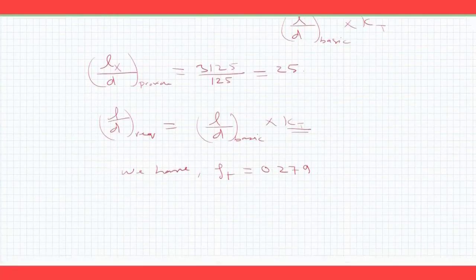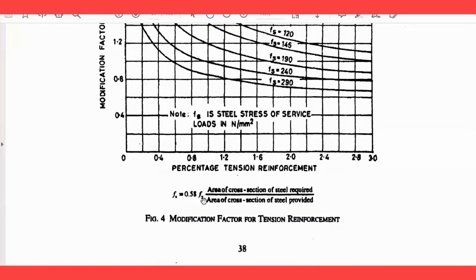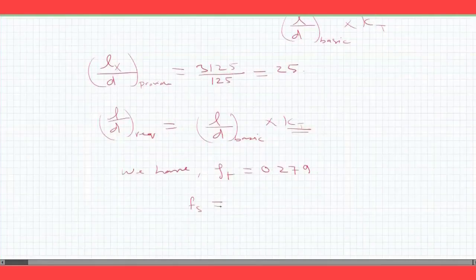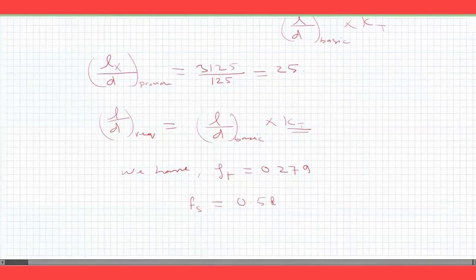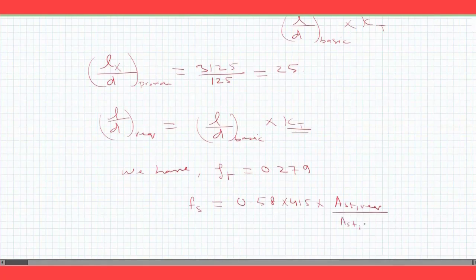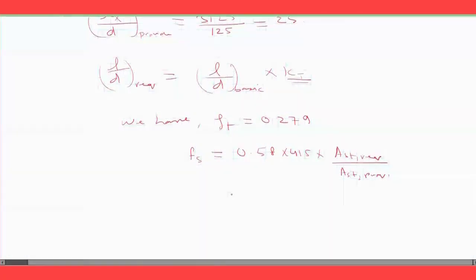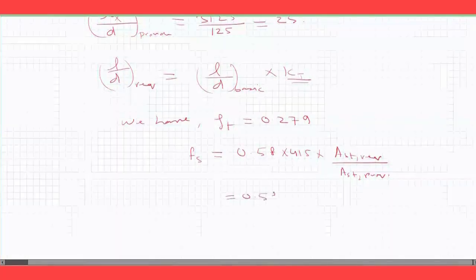Now what we have to do is compute Fs. If you see this formula, Fs is 0.58 Fy, area of cross section of steel required divided by area of cross section of steel provided. So Fs equals 0.58 into 415 into AST required divided by AST provided.